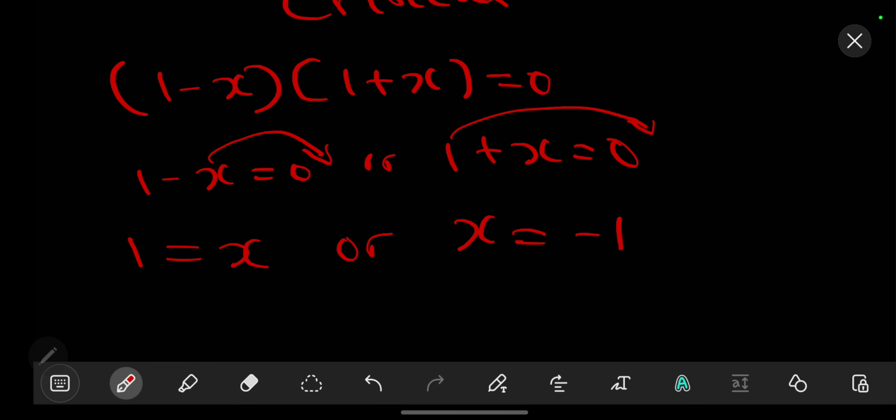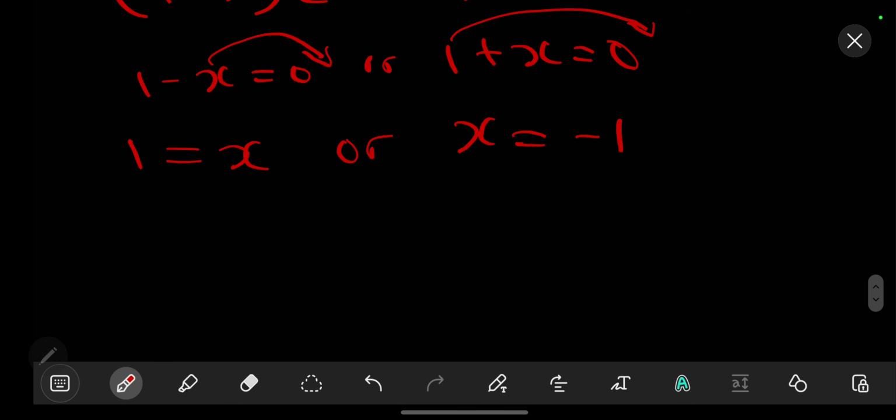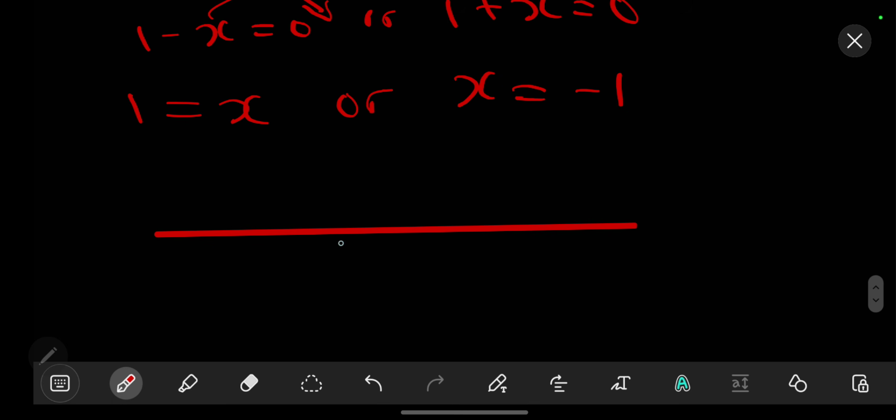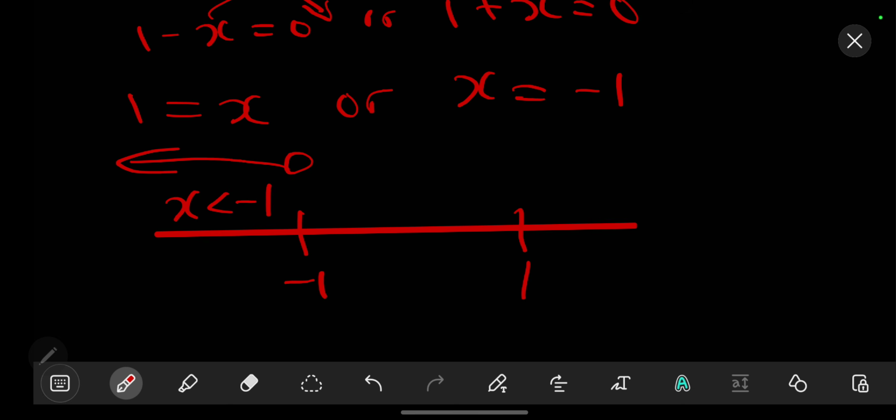So let's come up with a table. We have negative 1 and positive 1. All the values on this side are less than negative 1; we could have negative 2, negative 3. So all the x values here are less than negative 1. All the x values to the right are greater than 1, because we could have 2, 3, 4, and so on.